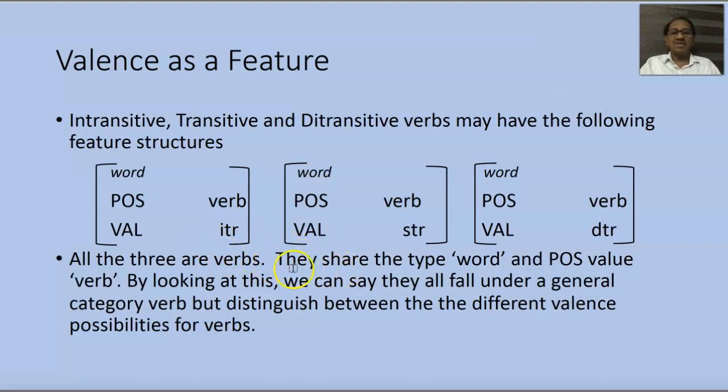Right? So they share the type word, they share the parts of speech value, so they all fall under a general category verb, but they distinguish between the different valence possibilities or values which are assigned to valence. Okay.